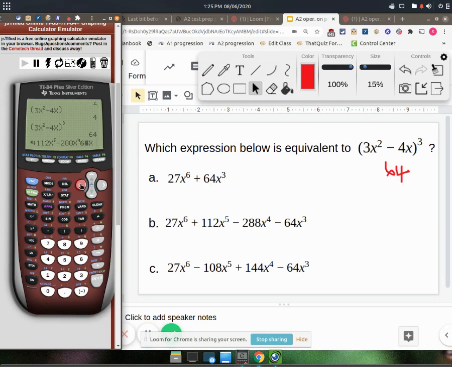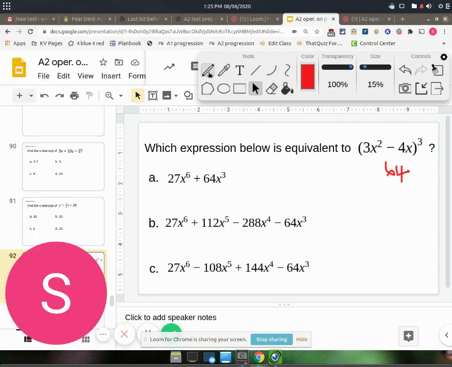Oh, I did not get my minus sign in there. All right, minus 64x to the 3rd. And that equals 192. So that didn't do it. This is not equal to 64, so I know that B is the wrong answer. Bad B.